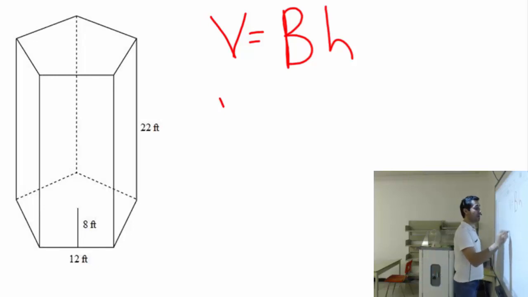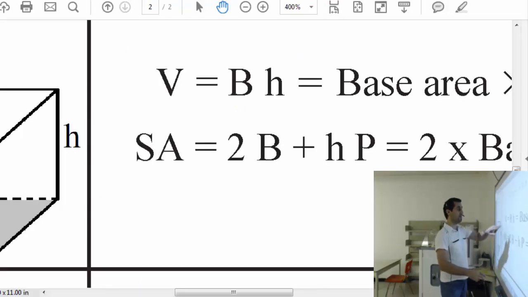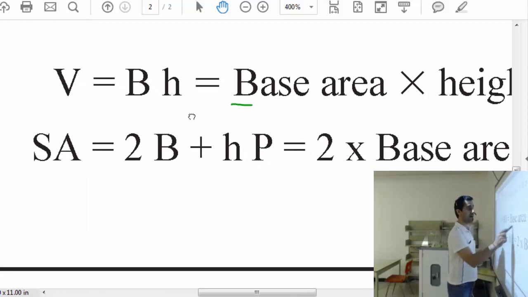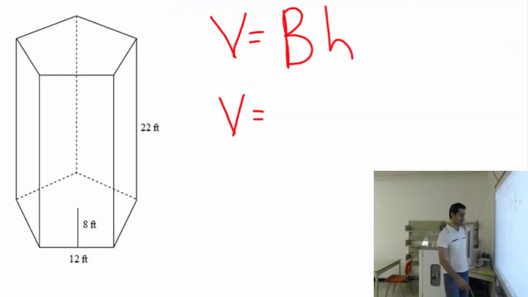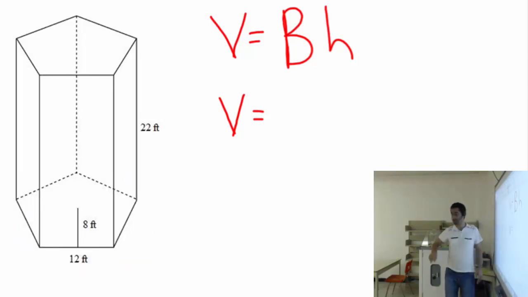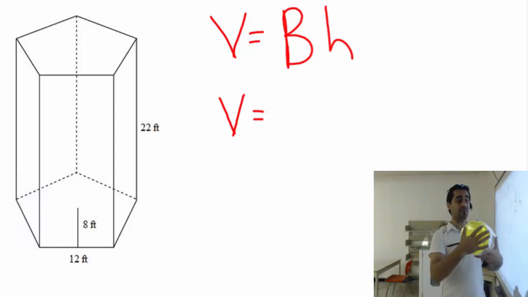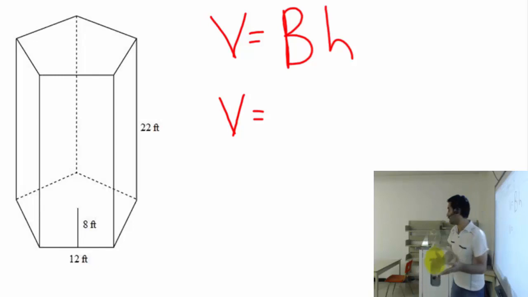Just like yesterday, I have no idea what the capital B is, so I'll go back to the formula handout. B stands for base area. You should be able to imagine the base area by looking at this. If that doesn't help, that's why I am holding this. So this is the base area. What is the shape in the base? I have a polygon. So if I need to calculate the base area, I'm going to use the polygon area formula.